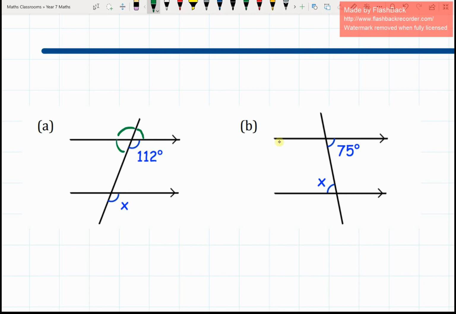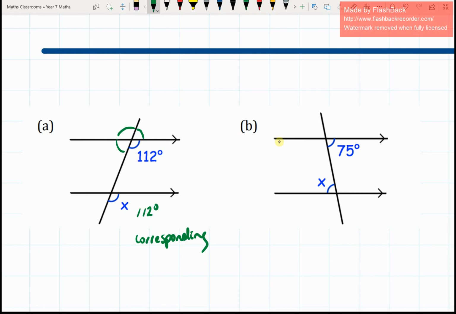So bottom right will be the same on both sets of angles. So my answer would be 112 degrees. Why? Because this angle is corresponding. Okay? This angle is corresponding to the angle above because it's found in the same location.